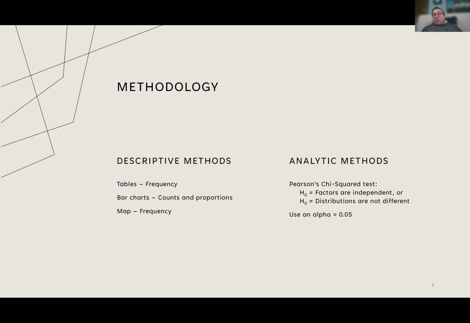I also assembled a map which counts the frequency of where different students reside. For analytics, I used Pearson's chi-square test with the null hypothesis that either factors are independent of each other or that the distributions are not different, and I used an alpha of 0.05.